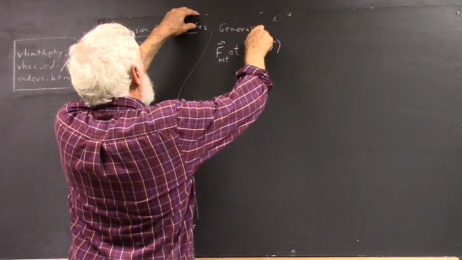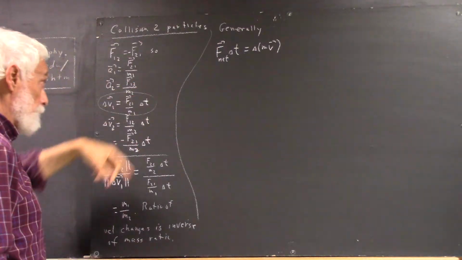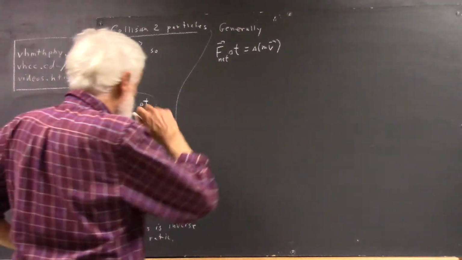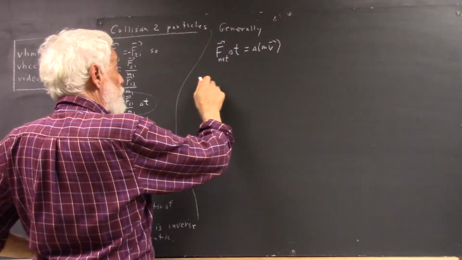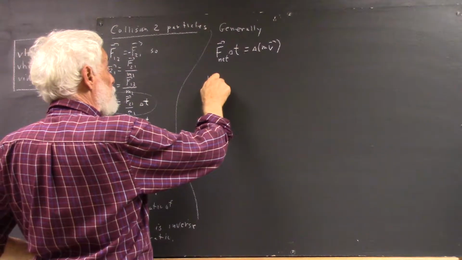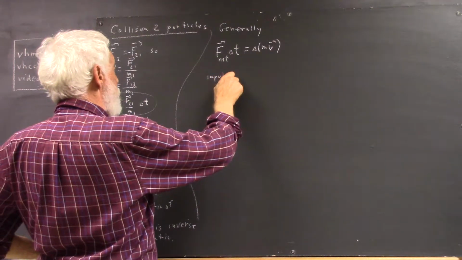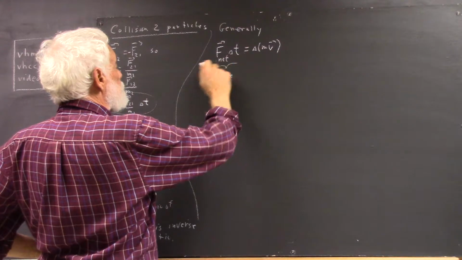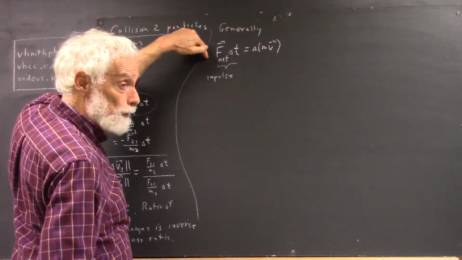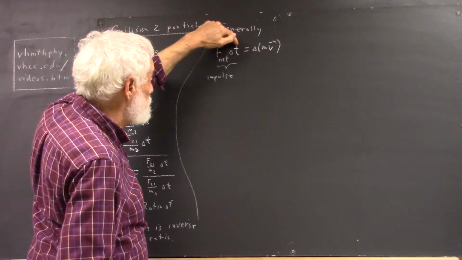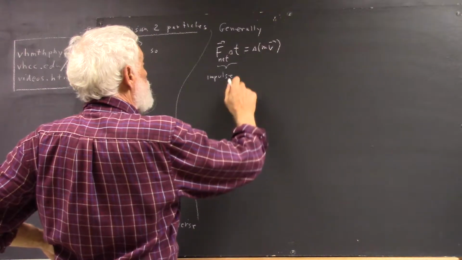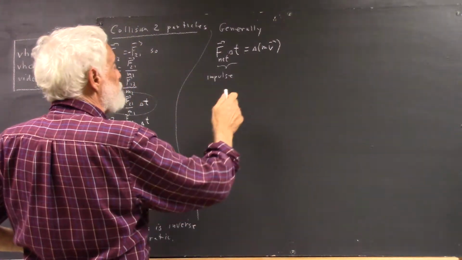Now, F net delta t has a name. It's called impulse. That's the impulse of this force through this time interval. And mv is called momentum.